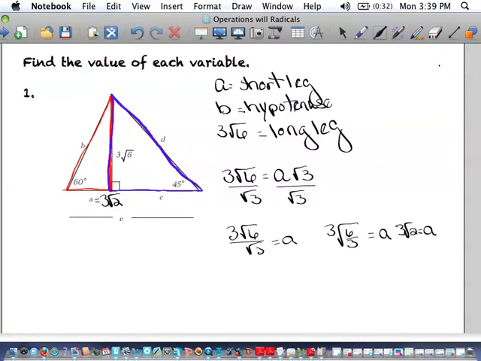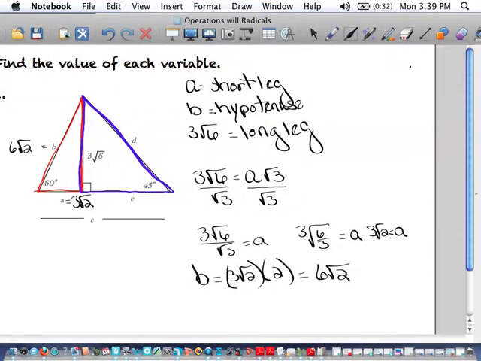Then the hypotenuse, B, is equal to the short leg, 3 square root of 2, times 2, which would be 6 square root of 2. So now I have found the values for the 30, 60, 90 right triangle.